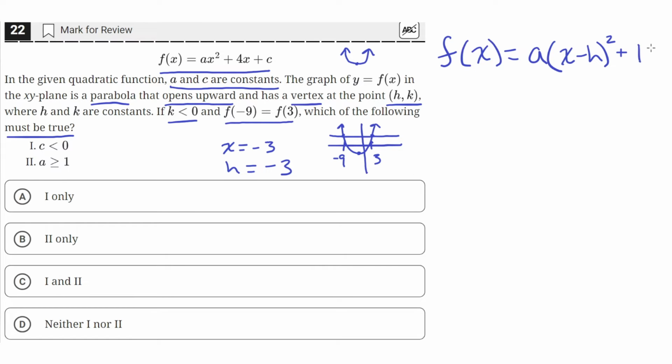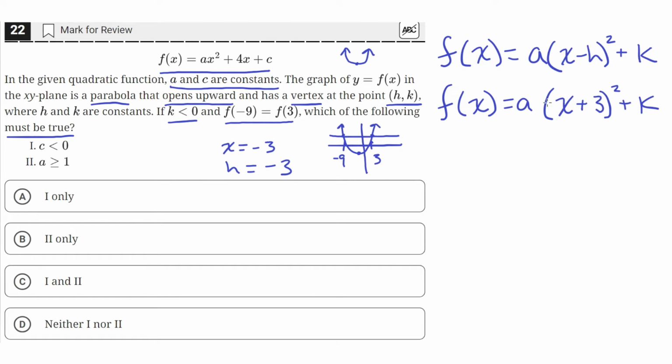This b can be the k value, where h and k are the coordinates of the vertex of the graph. So we know that f of x equals a times (x plus 3) whole squared plus k, since h is equal to negative 3.